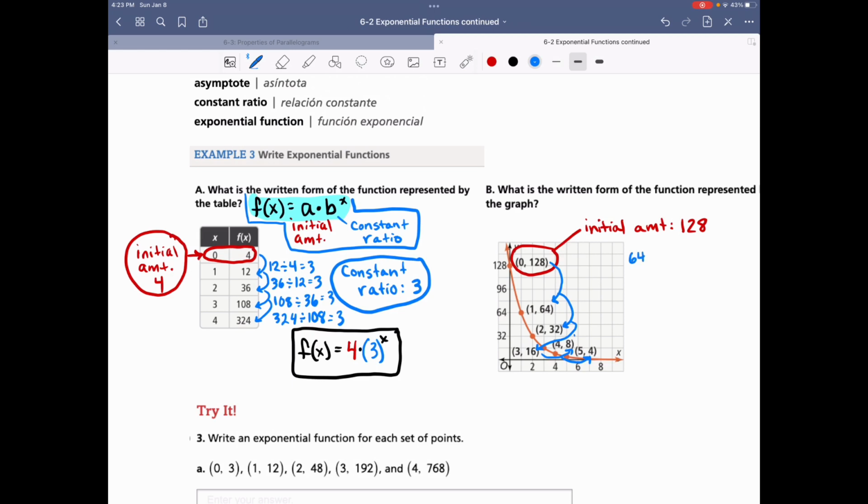So 64 divided by 128, 32 divided by 64, 16 divided by 32, 8 divided by 16, and 4 divided by 8. All of these are equal to 1/2, which is our constant ratio.